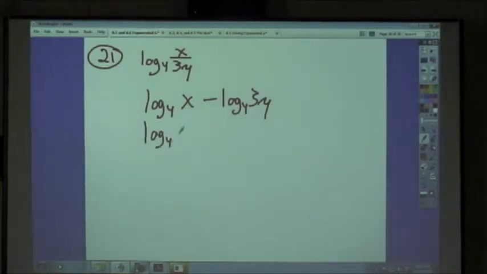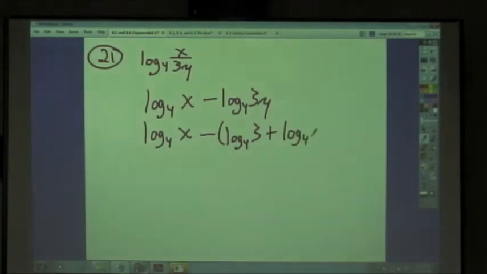Then you are going to split up this one into 2 because it's going to be the log base 4 of 3 plus the log base 4 of y. Put those in parentheses because they're together on the bottom of the fraction.